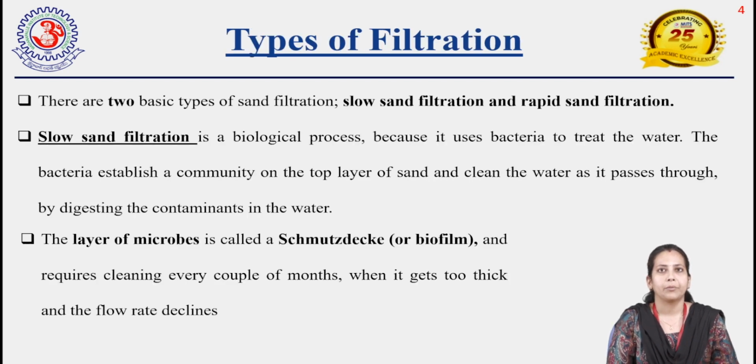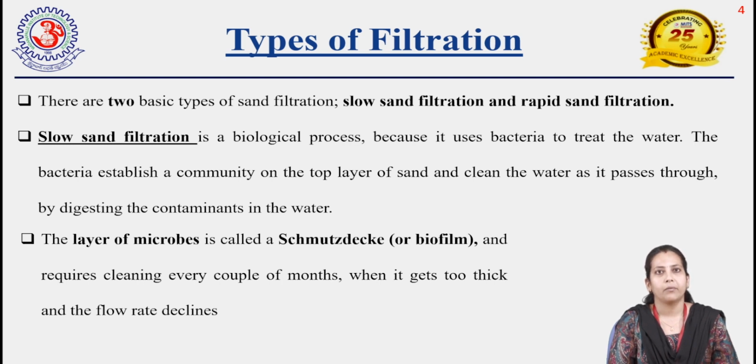So what are the types of filtration? Basically there are two types: slow sand filtration and rapid sand filtration. Here, slow sand filtration is a kind of biological process consisting of a layer of sand and soil, where the top layer establishes a bacterial community. The water passes through it, and whatever contaminants or floating materials there are get attached to that bacterial layer.